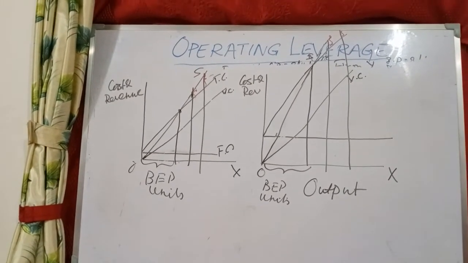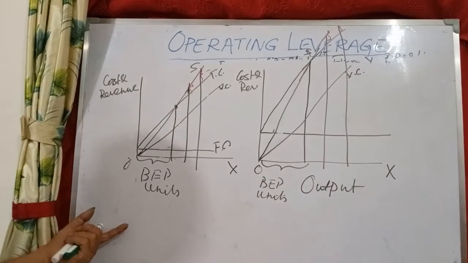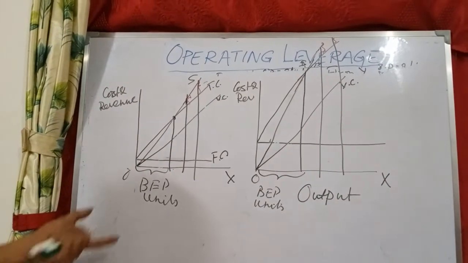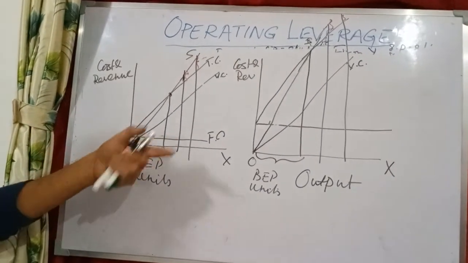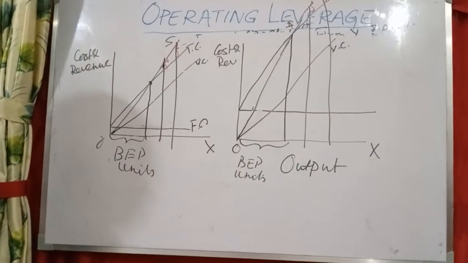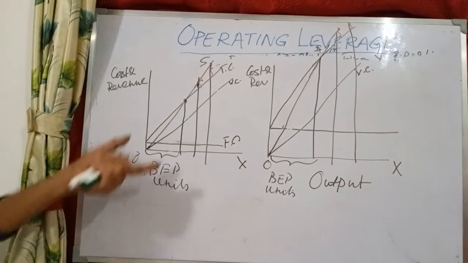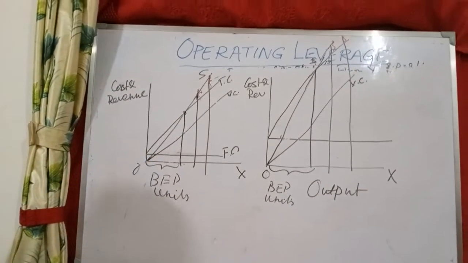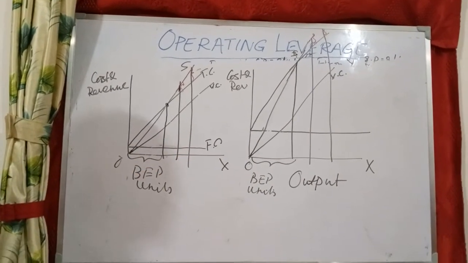So operating leverage has a benefit as well as a risk. The benefit happens in the good times when the farm is able to increase the profit in a greater proportion than increase in sales, and the reverse happens in bad times when losses incurred by the farm increase in a greater proportion than fall in sales.